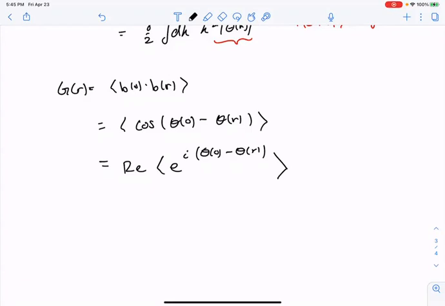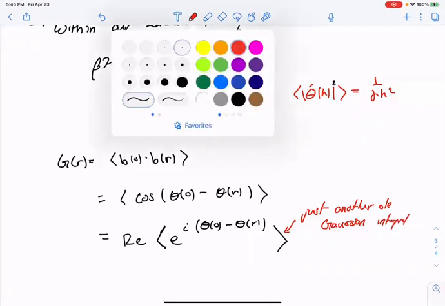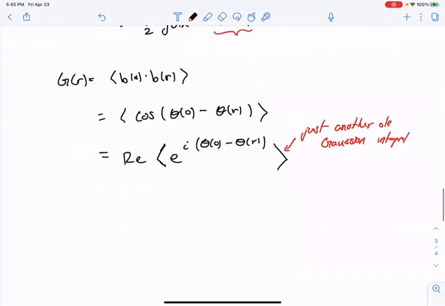And then that is an exponential average linear in theta with a weight associated with fluctuations in theta, which is Gaussian. So this is just another Gaussian integral that we can evaluate.